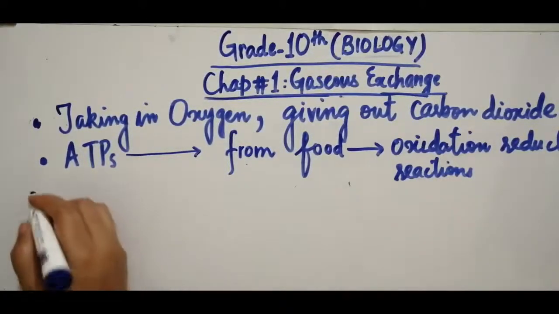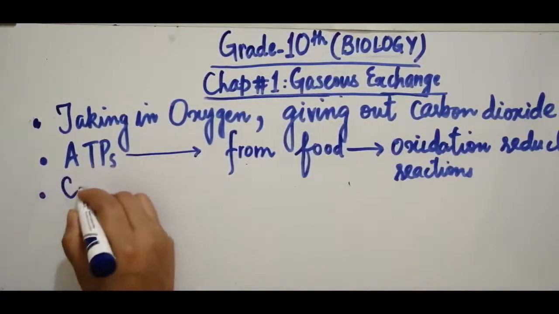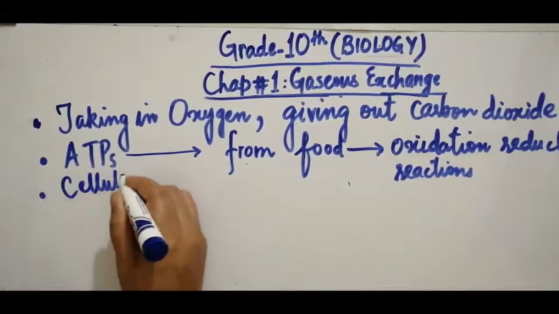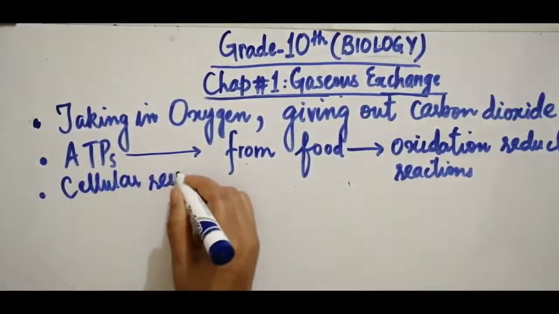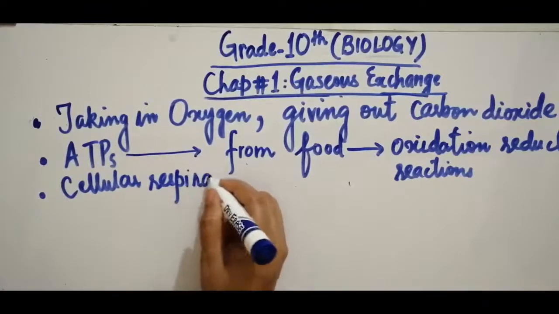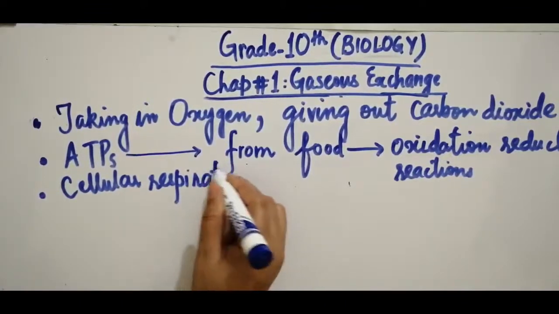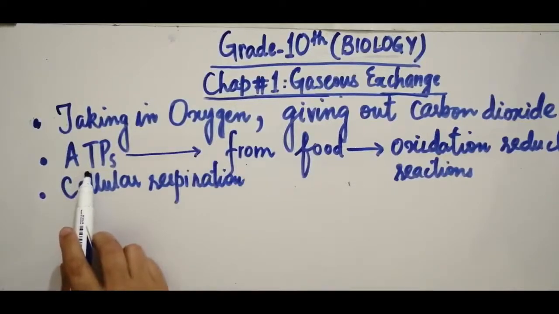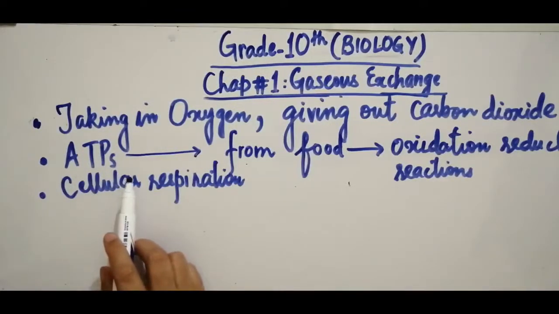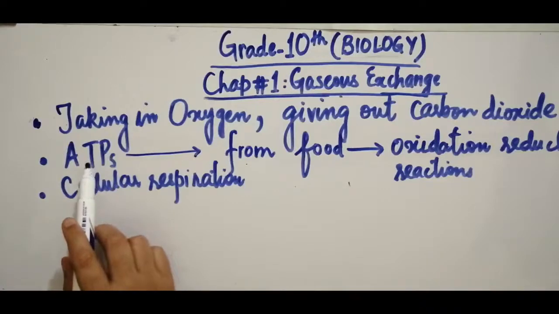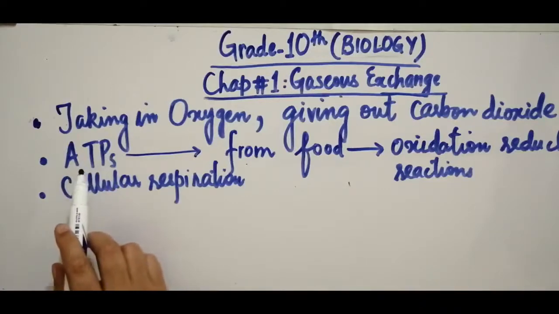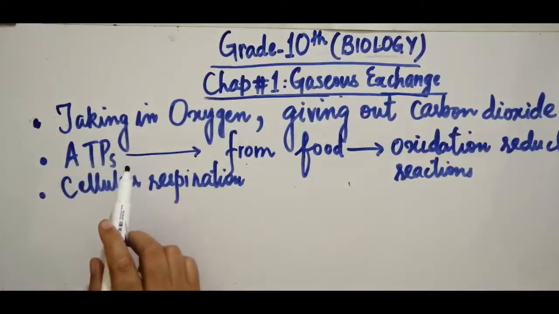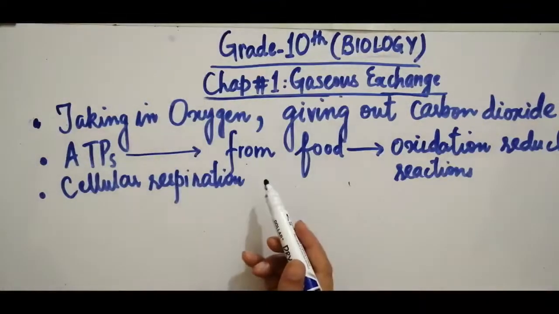Now, along with it, there is a terminology used called cellular respiration. ATP is not only the energy currency of the cell, but organisms also require these ATPs, or energy, for their different life processes.